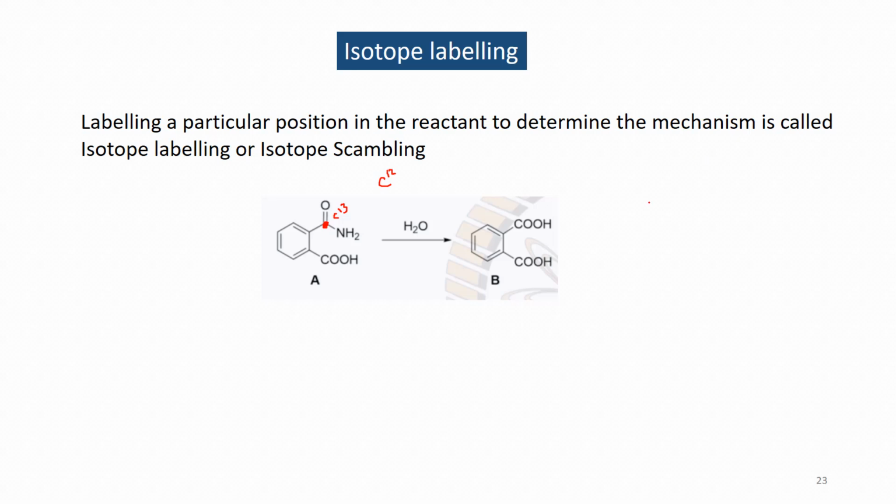If you want to get this product, what will happen first? This OH will attack at this position and NH2 will be removed, and will form this phthalic anhydride kind of compound.